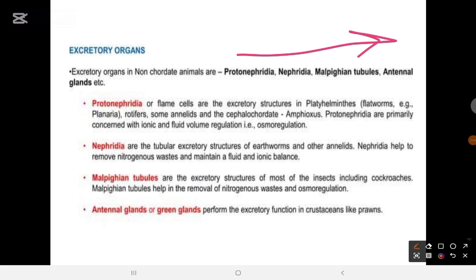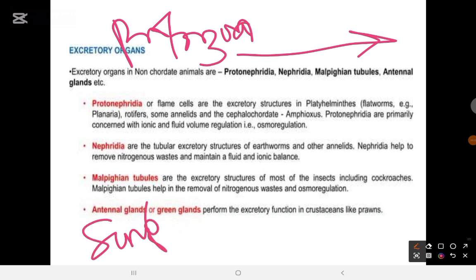So let's see these guys, the protozoans. The protozoans, typically paramecium and amoeba, are single-celled. They are unicellular.